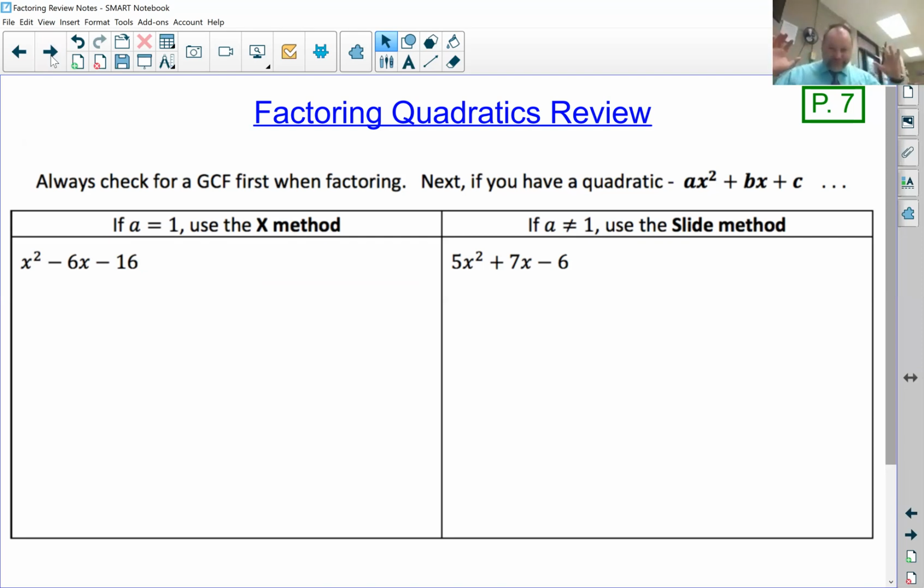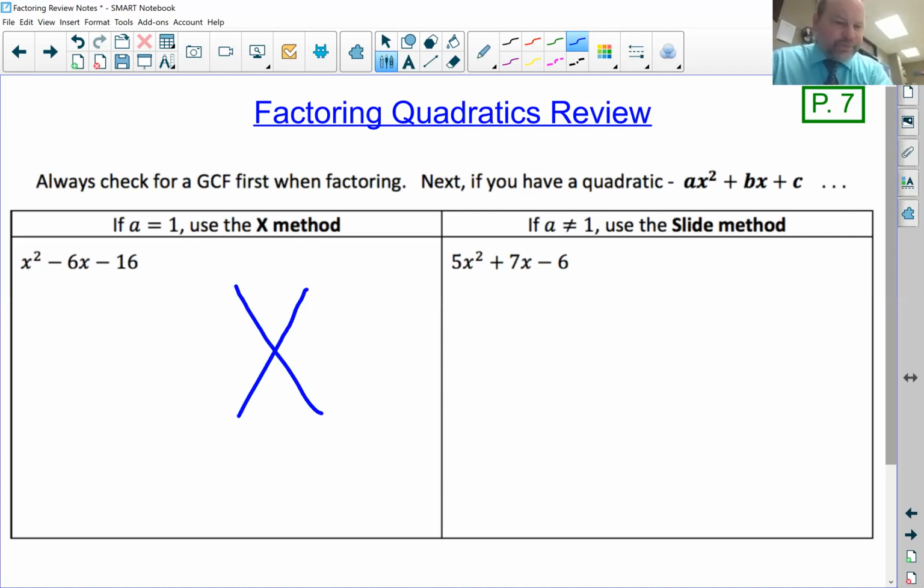The biggest key is always check for greatest common factor before you try any of these factoring methods. So if the coefficient in front of the x squared is 1, we use that x method where we looked for two numbers that multiply to negative 16 and add to negative 6.